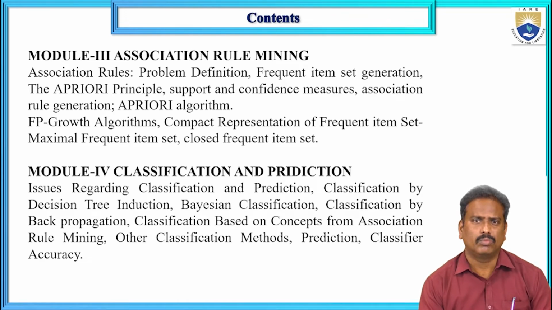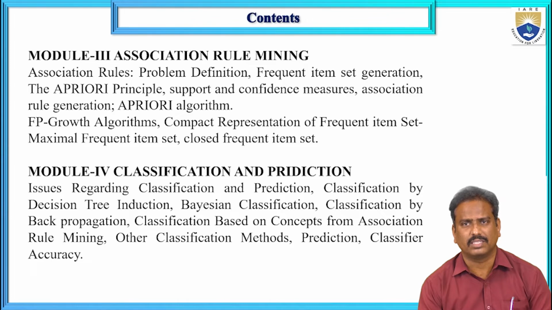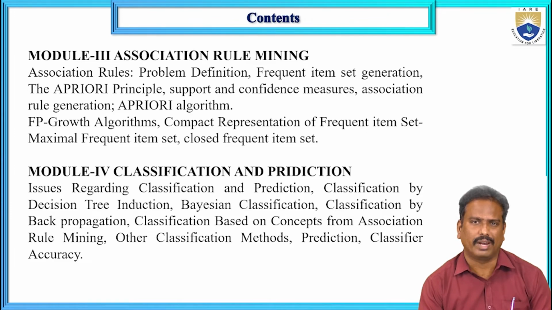In the fourth module, we'll be discussing classification and prediction. Here, we are going to classify the data. So, how are we going to classify the data? For example, suppose you want to predict the fall of rain, whether there is rain in the next hour or whether there is rain tomorrow.